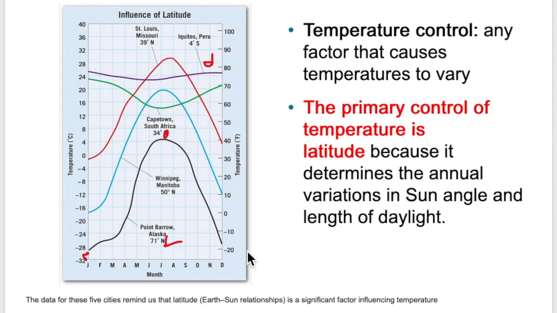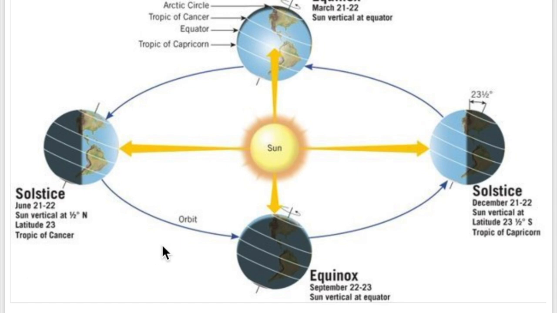And that's due to the low sun angles that the pole receives. And again, we see here, specifically for the northern hemisphere, an increase in daylight hours, because the sun's vertical rays are hitting the northern hemisphere.